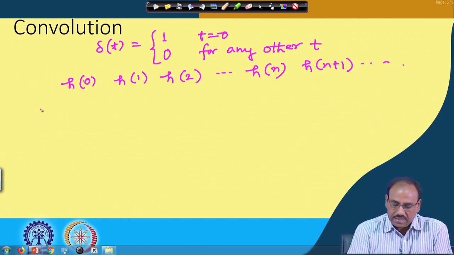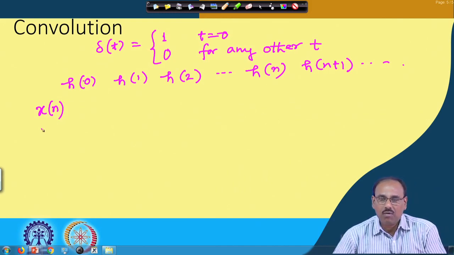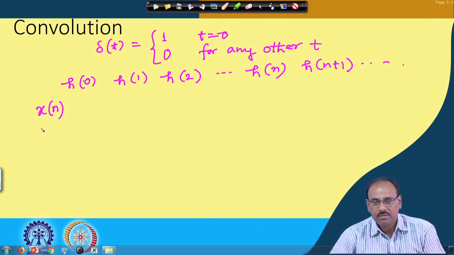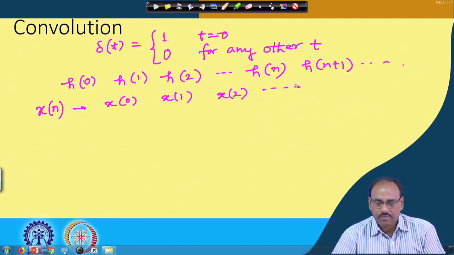Now, given any signal, say x[n], n varying from 0 to whatever the number of samples we have, we are talking about discrete signals, this x[n] can be represented as sum of scaled impulses. See, this x[n] is nothing but x0, x1, x2, it continues this way.